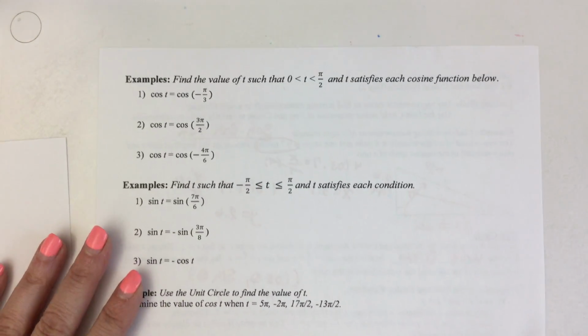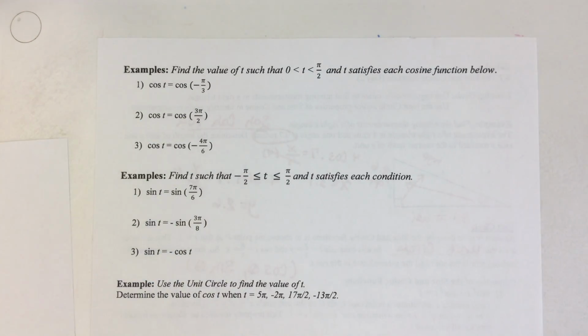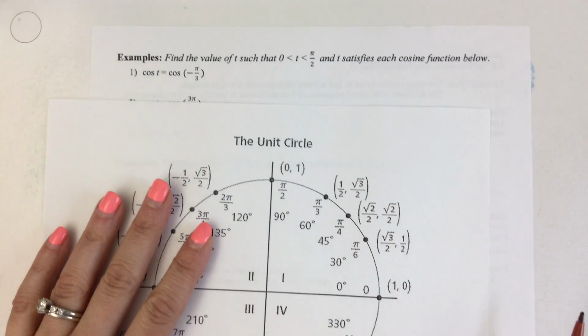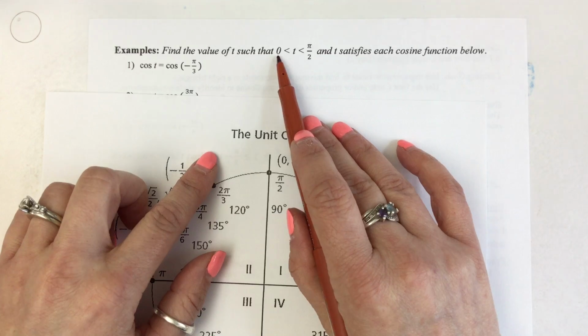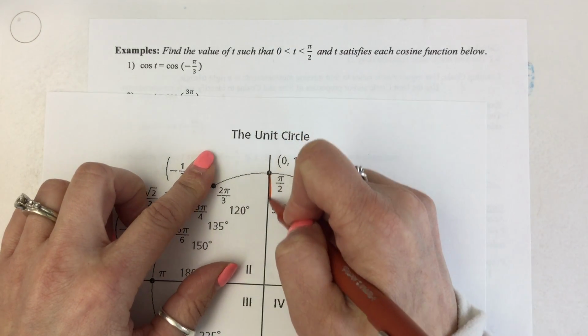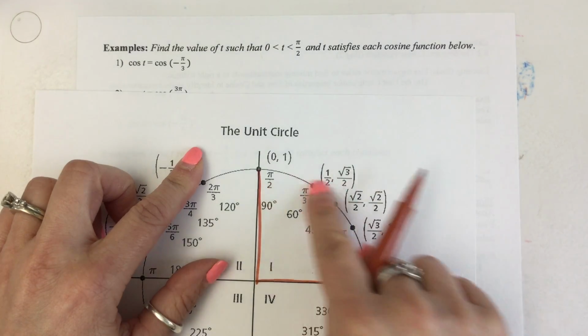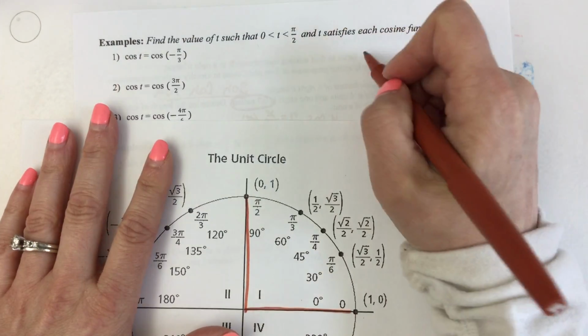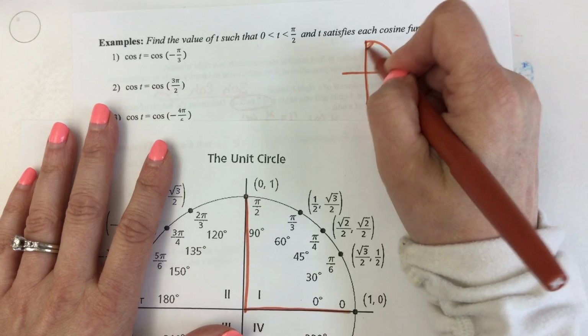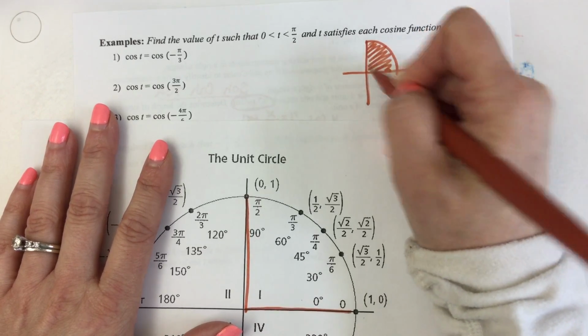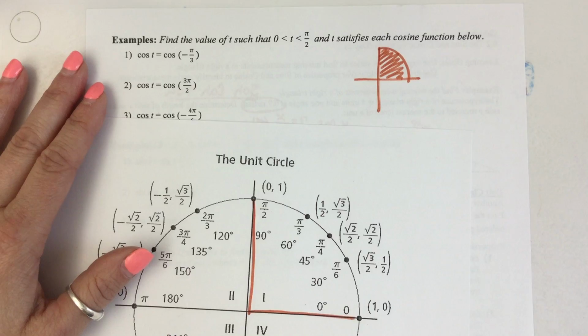Now here, what they want you to do, they're going to restrict the domain. So when I look at the unit circle, they want me to find solutions that are in between 0 and pi over 2. So if I look, this is 0, this is pi over 2. So I have a restricted domain, meaning if I don't have an answer in this first quadrant, it would be undefined.